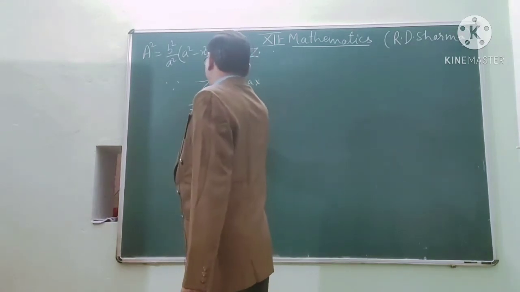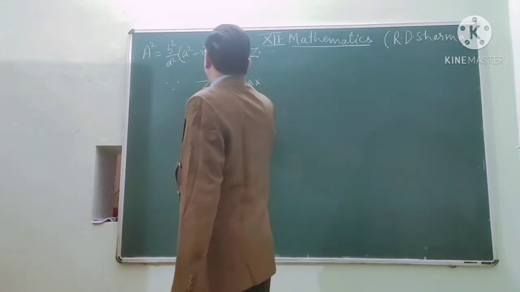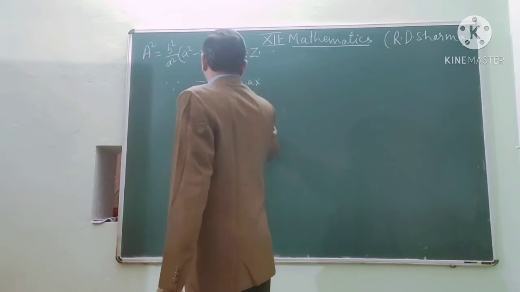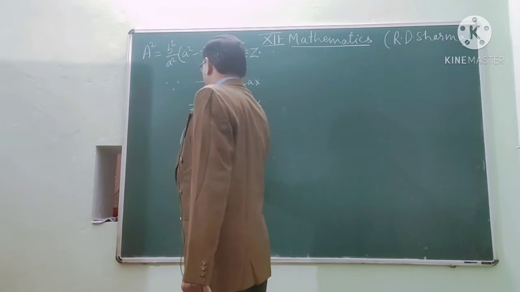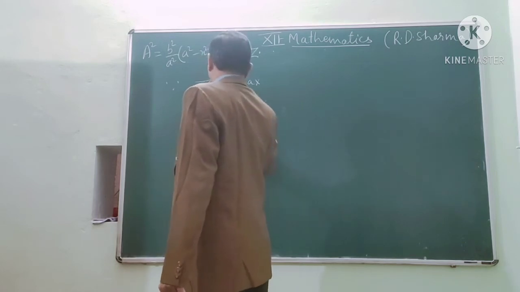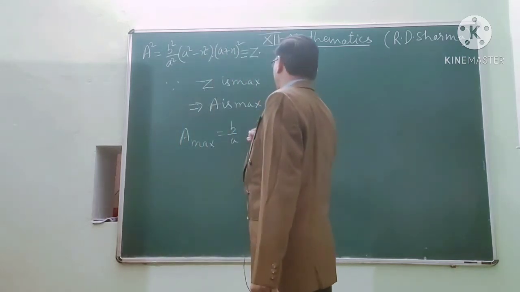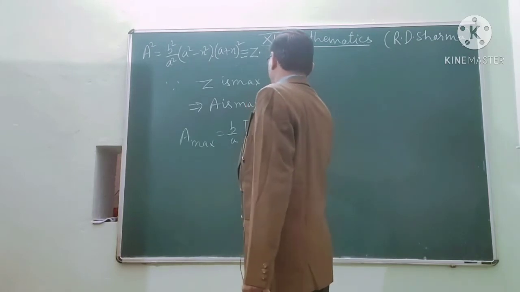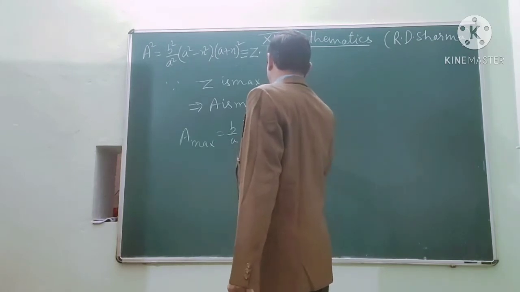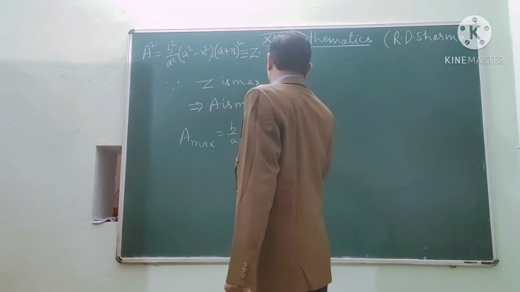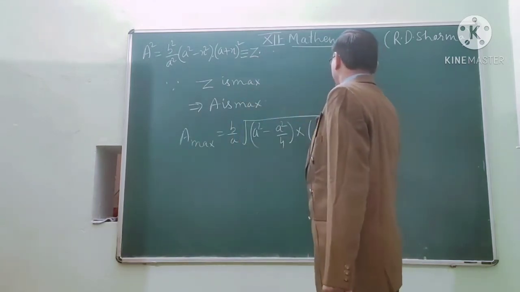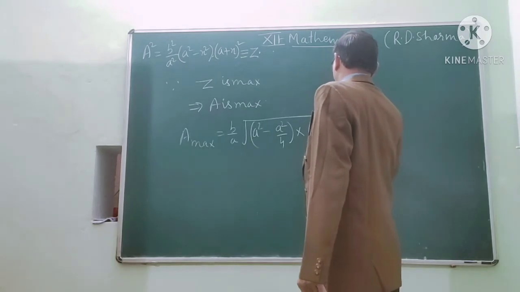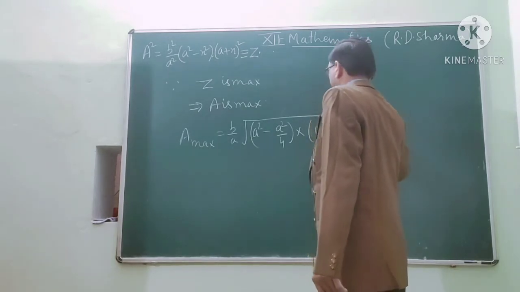This implies that A square maximum means A is maximum. Now the maximum area equals b upon a root a square minus x, with x as a by 2. So it is a square by 4 into a plus a by 2 whole square.